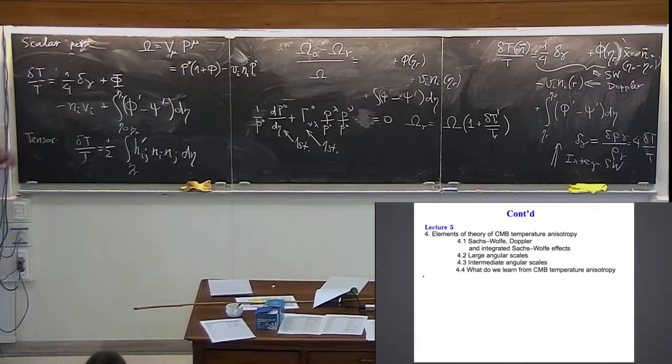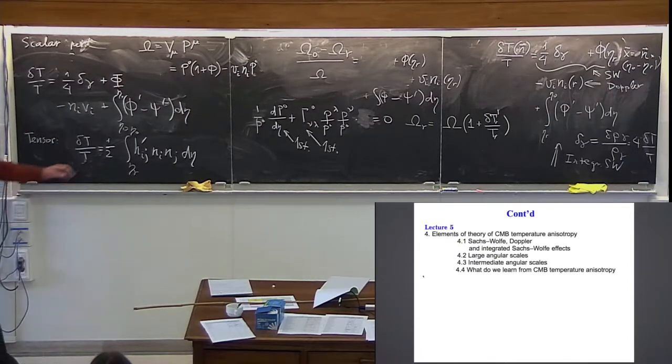This is obviously clearly the Doppler effect. If the photon moves from the direction n with velocity v, then if this velocity is towards you, negative, then this term is positive, this is Doppler shift.